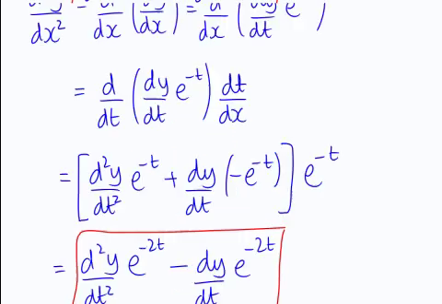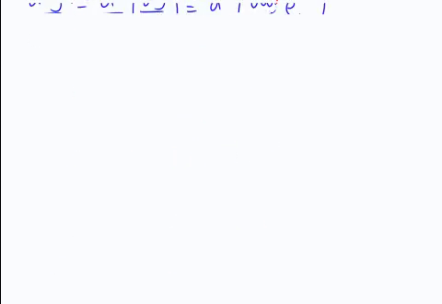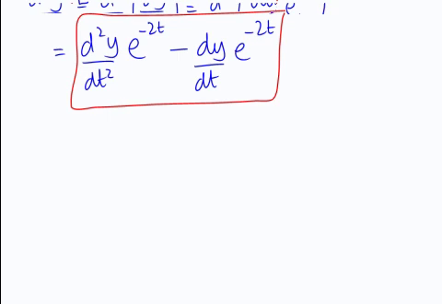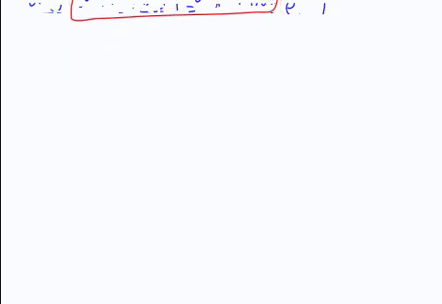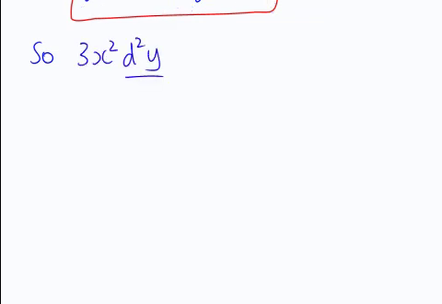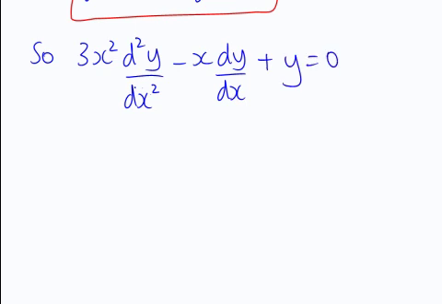So let me now go back down and write out that differential equation again so that you can see what I'm doing. What we had before was 3x squared d2y by dx squared minus x dy by dx plus y equals 0.